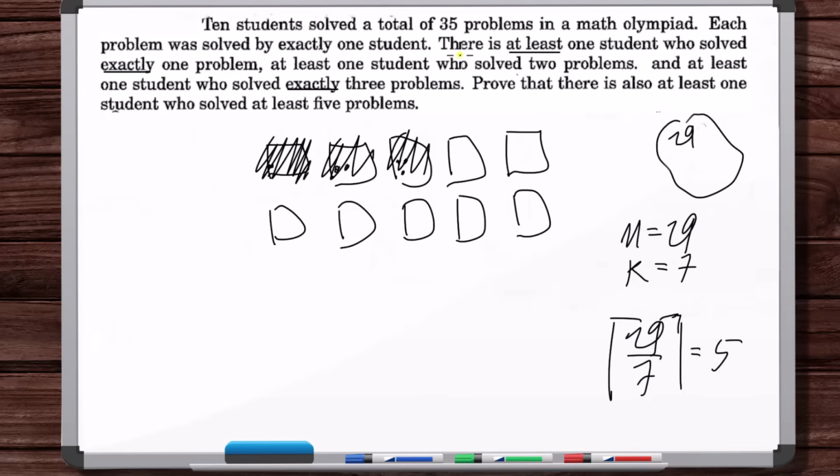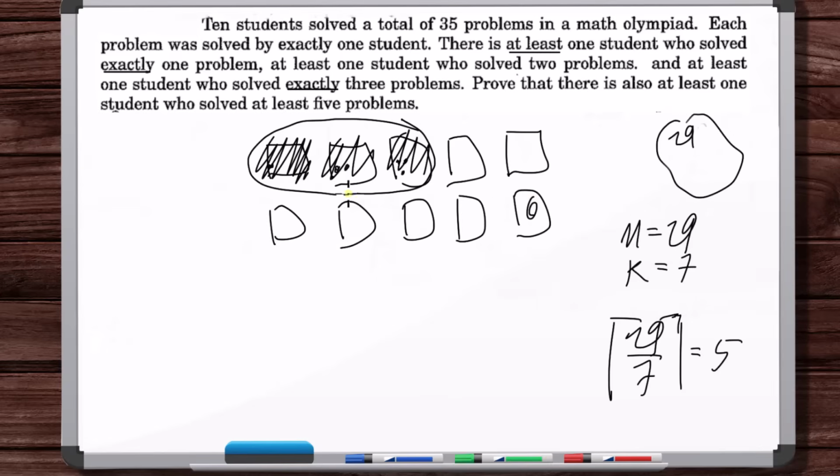No, it doesn't. It doesn't tell us anything, because we already took care of the at least one for each of those. You could have all 29 problems go to one student, the rest get 0, and that still satisfies the criteria.